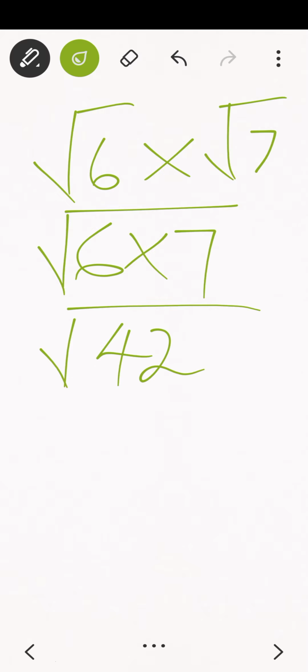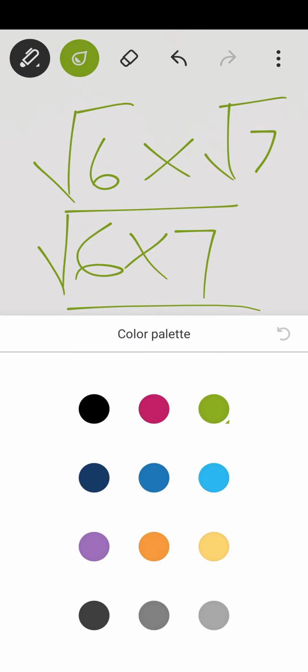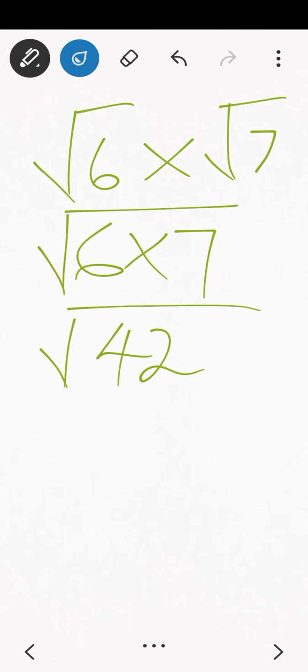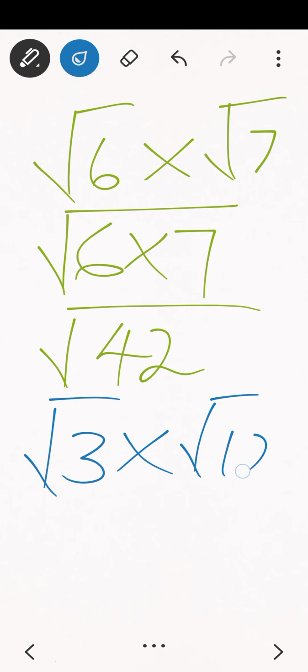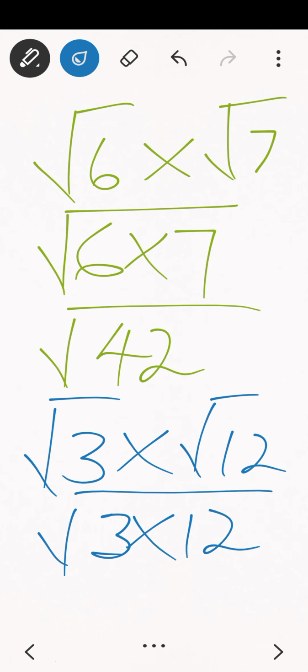Now in the case where you have something like root 3 by root 12, note that when you have extended the radical sign, you are going to have root 36, or 36 under the root or radical sign.